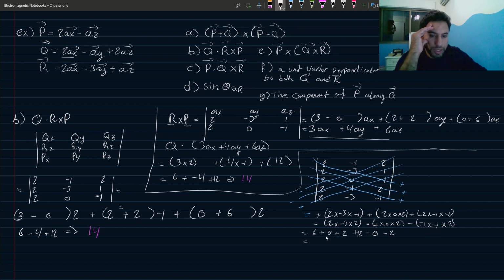And this will equal to 6 plus 2, 6 plus 2 is 8, plus 12, that is 20 minus 2.